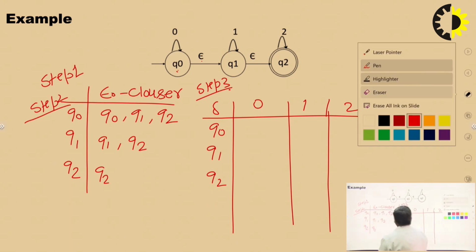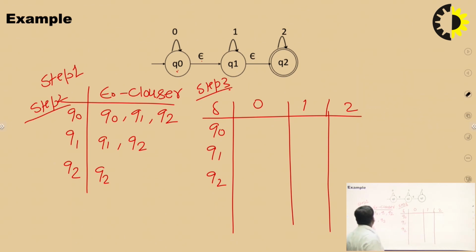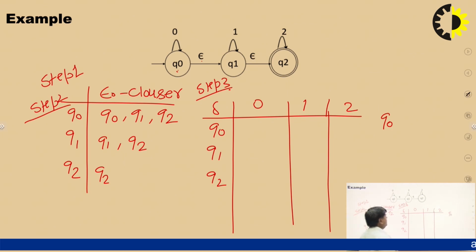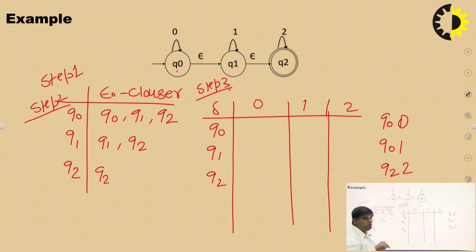Now we check the transition function: transition of Q0 on 0, on 1, and on 2. On the Q0 closure, we check the transitions on 0, 1, 2. So what is the closure of Q0? That is Q0, Q1 and Q2.